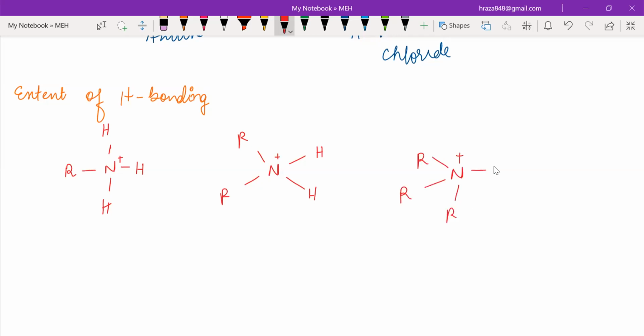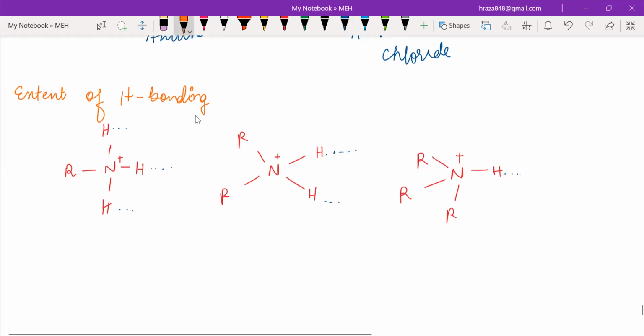Can you tell me? Sir, in the first one. First one, because it can make hydrogen bonding from here, here, here. It can from two sides and in this from one side.